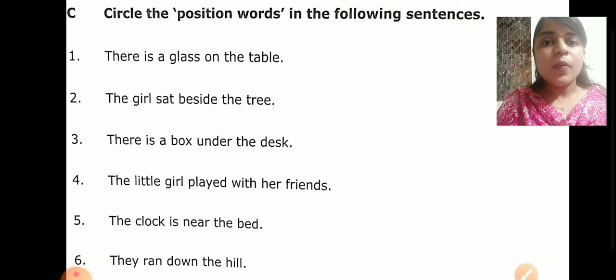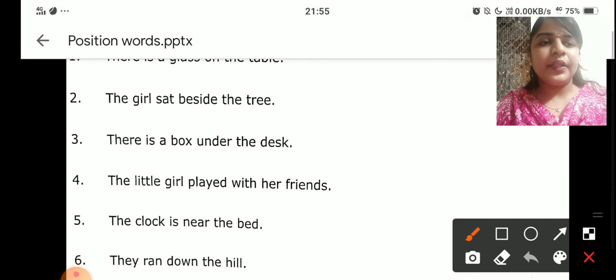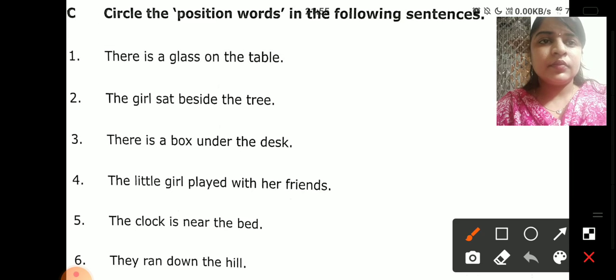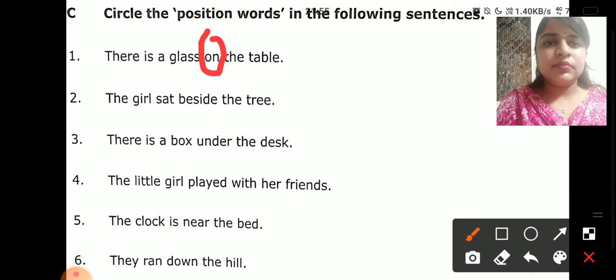On is our position word. Okay, children? So circle the word on. Do it with me. Done?